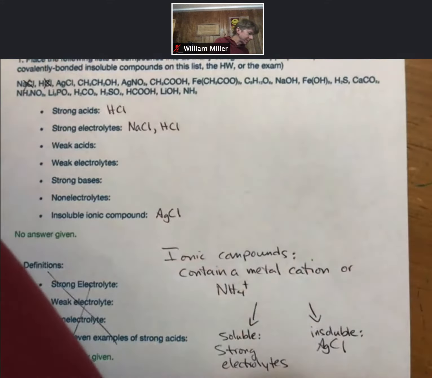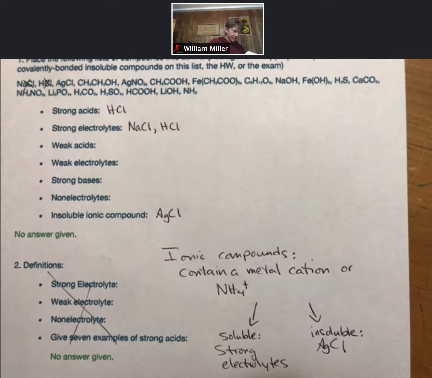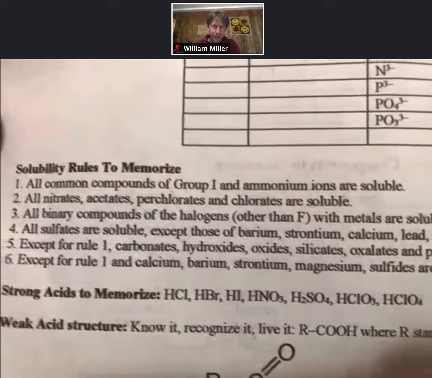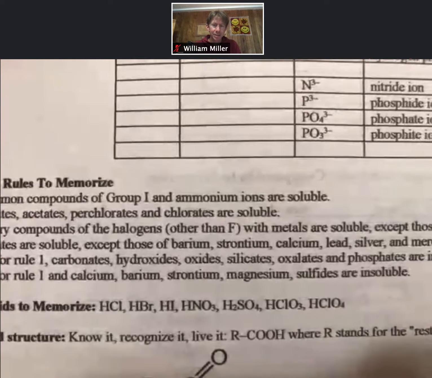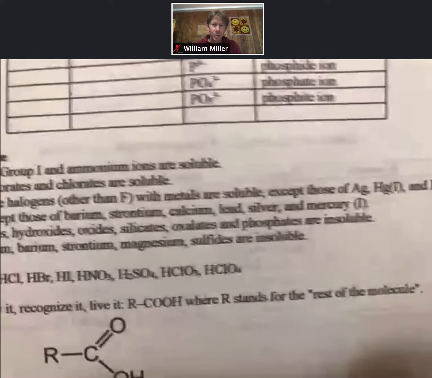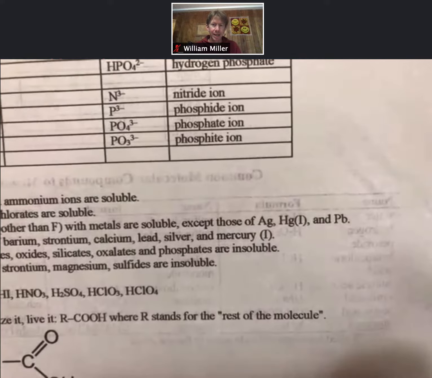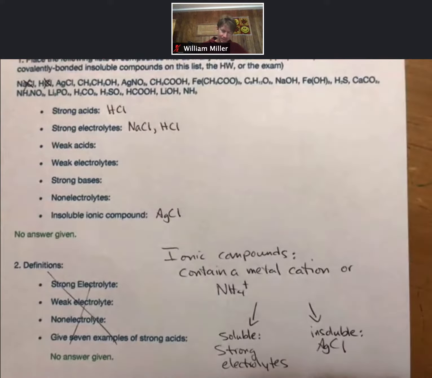And according to our solubility rules, all binary compounds of the halogens other than fluoride with metals are soluble except those of silver, mercury 1, and lead. So silver is definitely on that list.